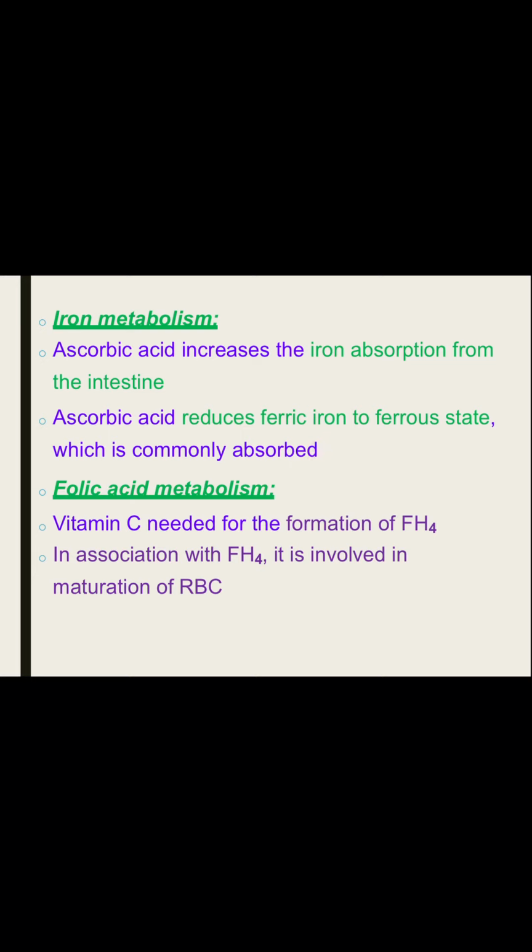Then folic acid metabolism. I already told you in folate that vitamin C is required for the formation of tetrahydrofolate. If you see that reaction, vitamin C acts as a cofactor there. So, it is necessary for folate metabolism and thus maturation of RBCs.